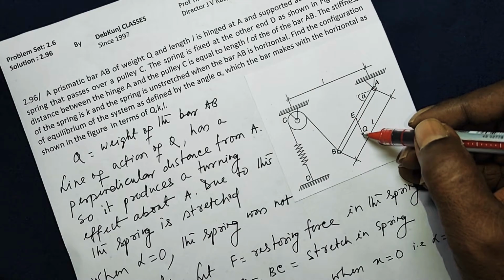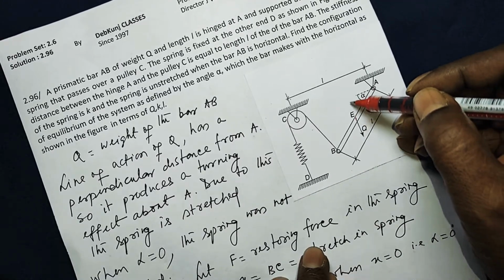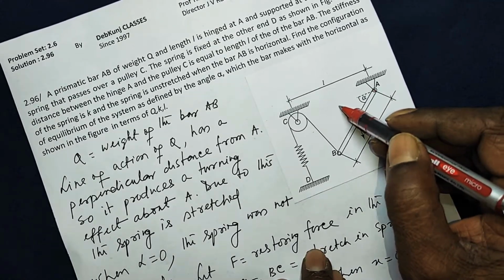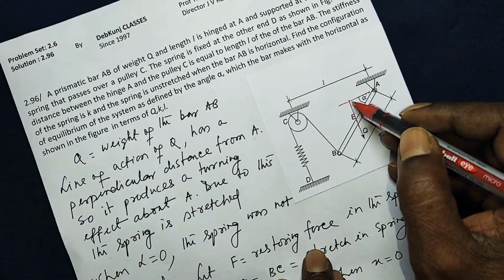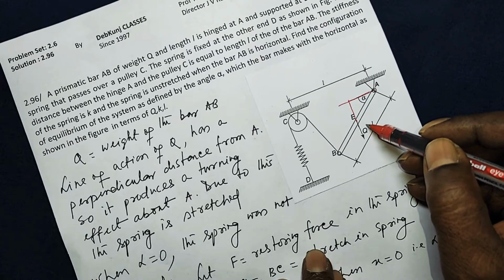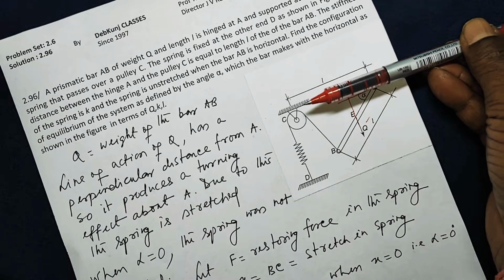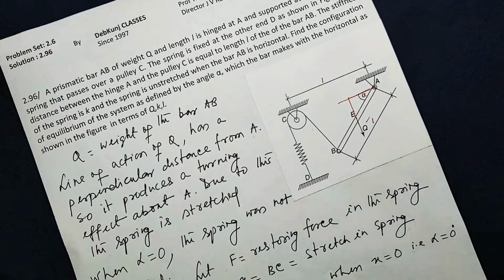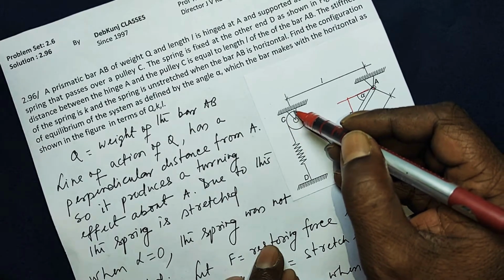Because due to the weight Q, the line of action of Q has a perpendicular distance from this end, so Q will produce a turning effect about point A. So the prismatic bar is now in this position, making this angle alpha. So the spring is stretched. Let us consider a point C to be here.